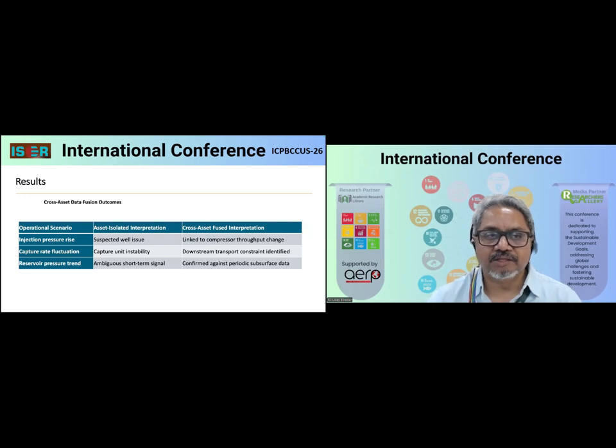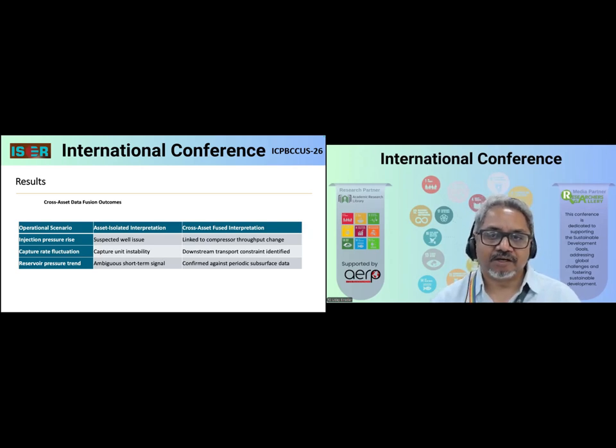In the cross data fusion, I think the key outcomes are really more from an ability to analyze the entire effects, right? So short-term pressure deviations that are arising in the transport systems can be analyzed alongside periodic subsurface assessment updates, allowing us to distinguish between surface induced transients and reservoir driven effects.